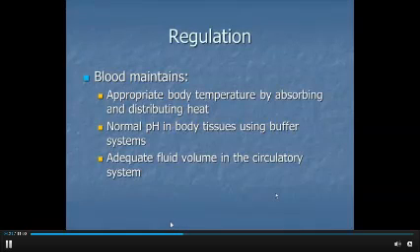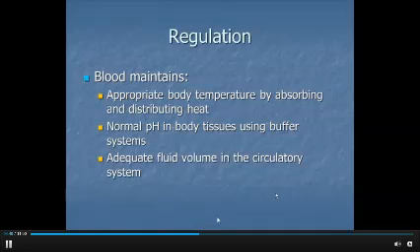You keep more heat. On the other hand, if you're hot, vessels in the skin dilate, more blood passes through, more heat is exchanged between the blood and surrounding tissues and therefore the atmosphere, so you're losing heat, effectively cooling yourself down. Of course, this mechanism only works as long as the environment temperature is lower than the temperature of the body.